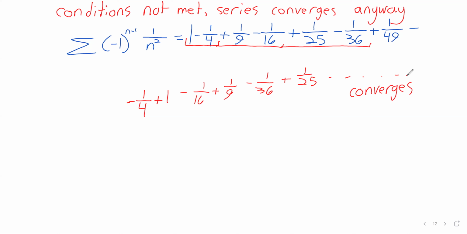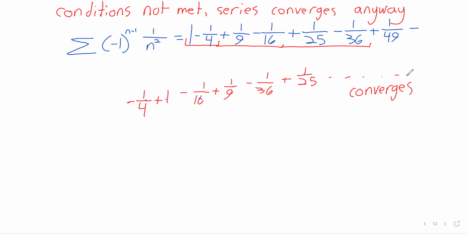And what we've constructed, rather artificially, it has to be said, is a series that converges, but does not satisfy the terms of the alternating series test, because 1 is bigger than 1/4, and 1/9 is bigger than 1/16, and 1/25 is bigger than 1/36. It does not satisfy the second condition.